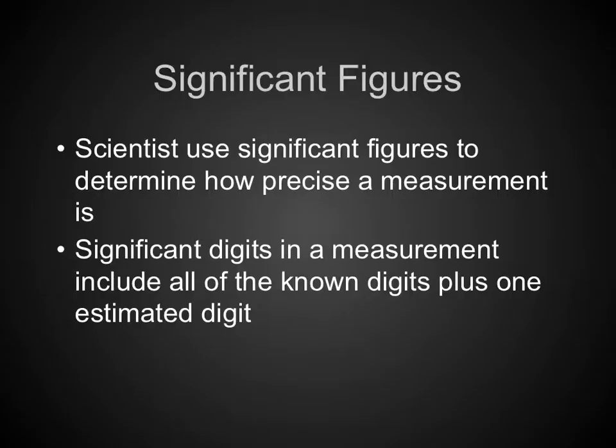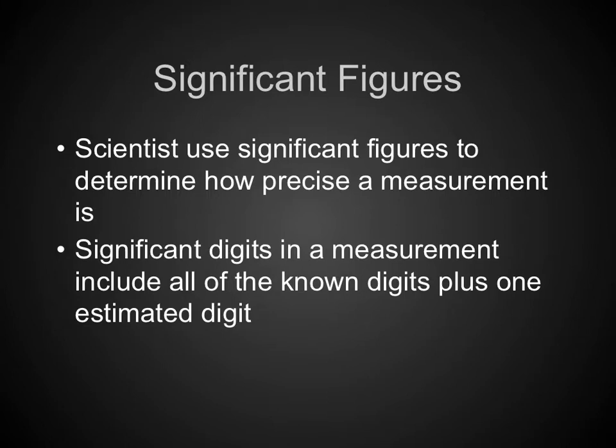Okay, so let's talk about what a significant figure is. A significant figure is used by scientists to determine how precise a measurement is. When we measure things with a meter stick, or a graduated cylinder if we're measuring volume, or a balance if we're measuring mass, the device itself has a certain amount of uncertainty to it.